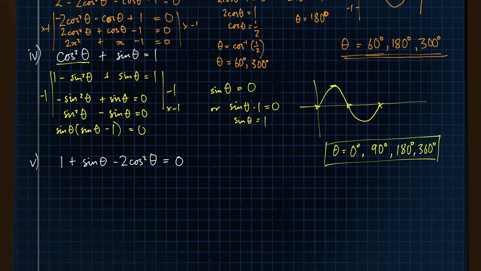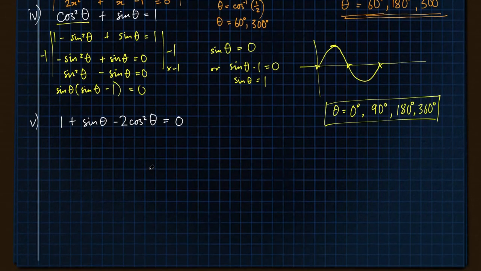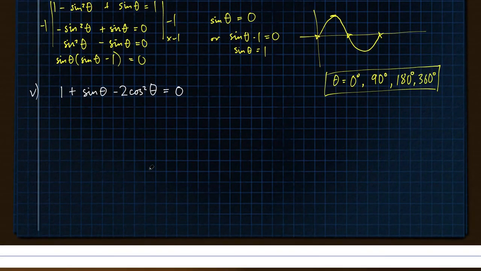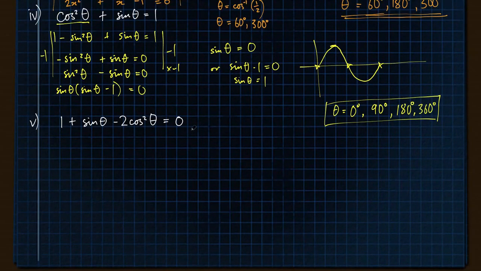And this one, order is a bit different, but it's the same kind of problem. I want to replace the cos squared theta with 1 minus sine squared theta, so I'm going to do that with 1 plus sine theta minus 2 lots of 1 minus sine squared theta equals 0.